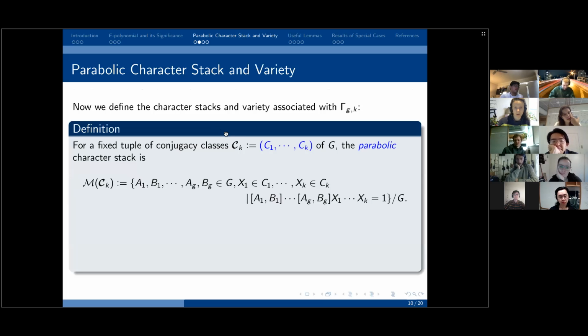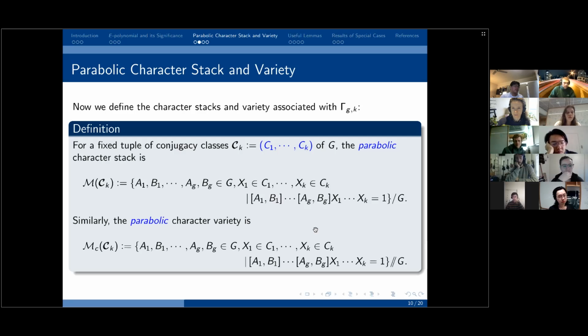Let's consider a fixed tuple of conjugacy classes C_1 to C_k of G, and then the associated parabolic character stack is the quotient of this set. And similarly, the parabolic character variety is the GIT quotient of this set.